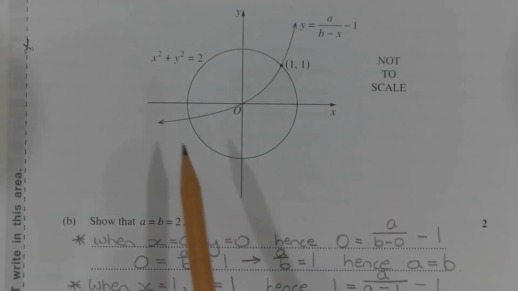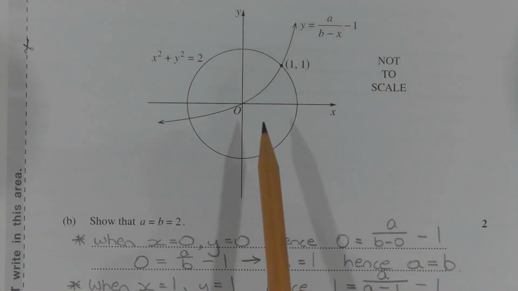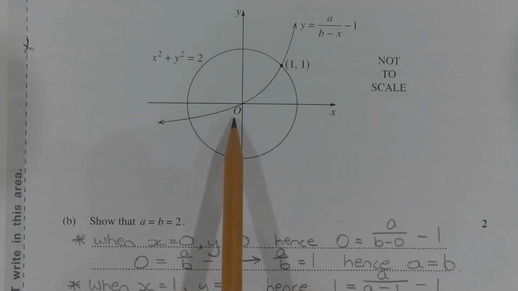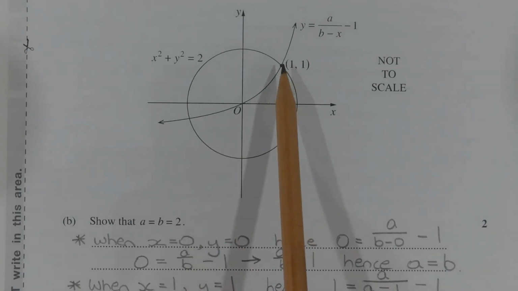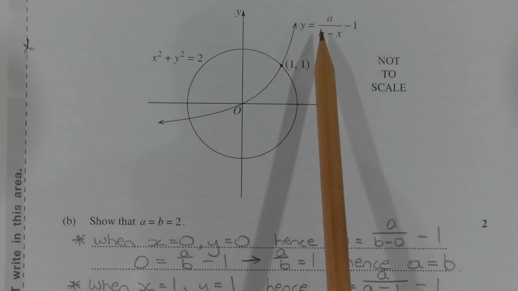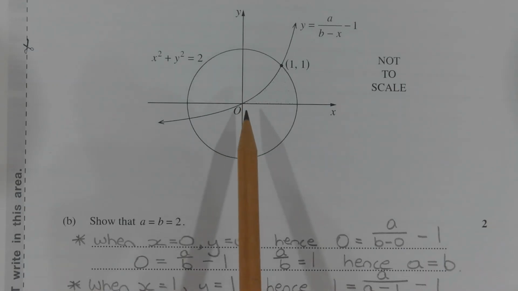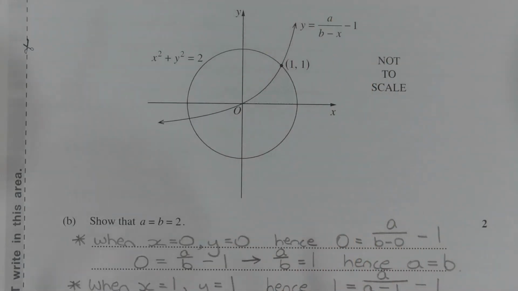The first thing to note is that the hyperbola y equals a over (b minus x) minus 1 passes through two key points. The first point is the origin, which has coordinates (0, 0), and the point (1, 1) on the circle. And we can use that to find the values of a and b by substituting the values of x and y from these 2 points into the equation and then solving for a and b.